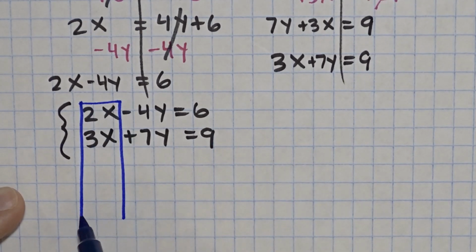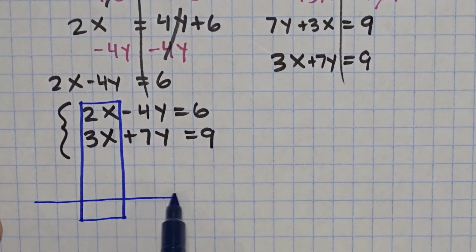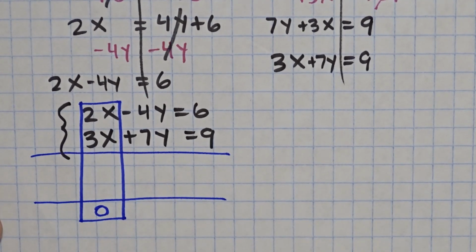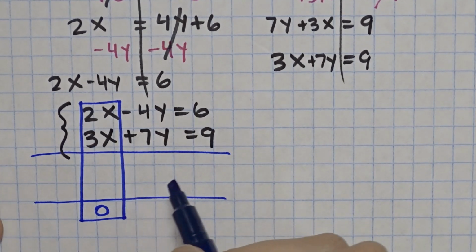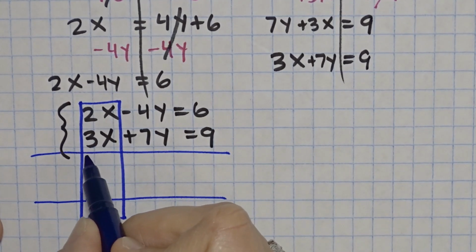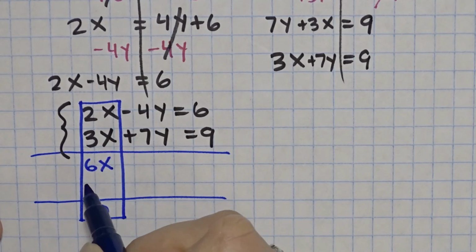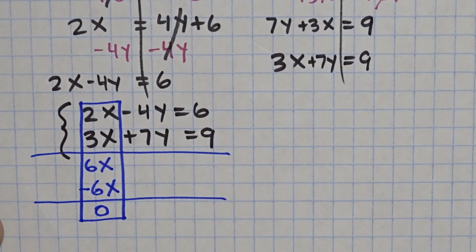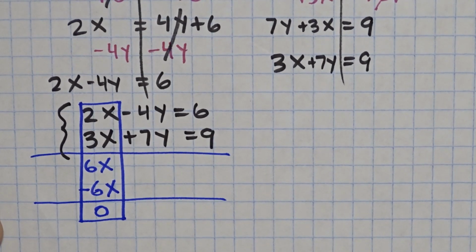Sometimes it's easier if you choose one specific way, but in this case, we're just going to wish we had a 0 here. And in order for that 0 to happen, I need this to be a 6x minus 6x. Right? I wish that was 6x take away 6x. If it was, I'd have my 0.